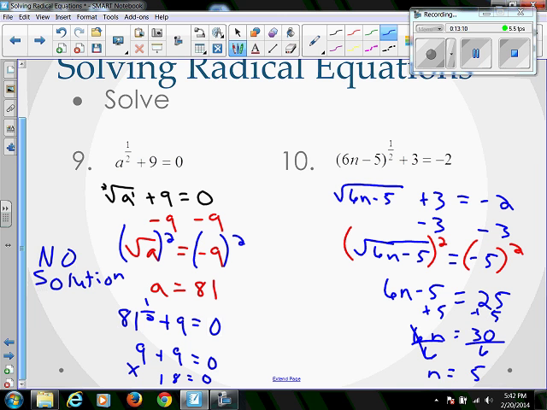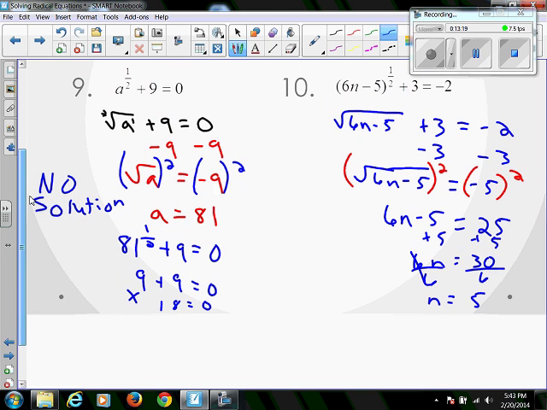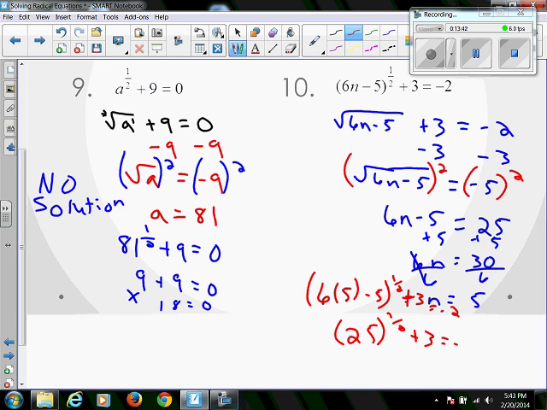I'm going to check by substituting in 5 for n in our original equation. 6 times 5 is 30, minus 5 is 25. 25 to the 1/2 power is 5. 5 plus 3 is 8. 8 does not equal 2, so we have no solution, again.